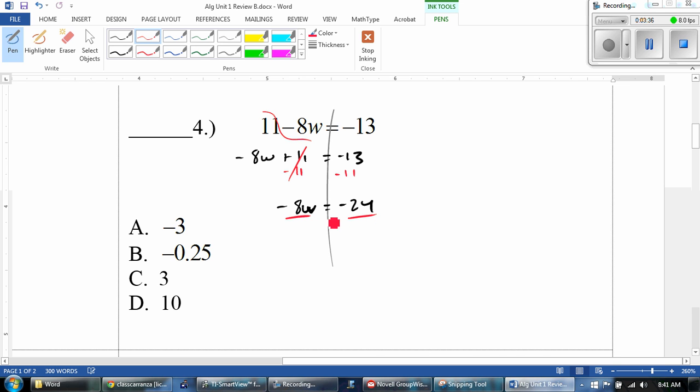And to get the w by itself, I would divide by -8. A negative divided by negative is a positive, so I can cross out A and B right away. And 24 divided by 8 is 3. So we get C.